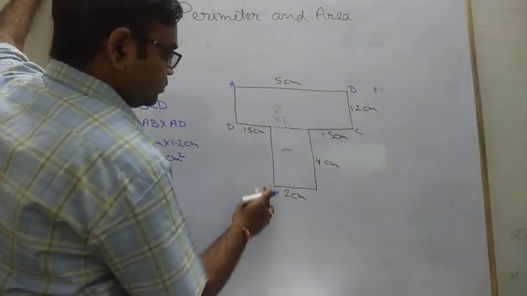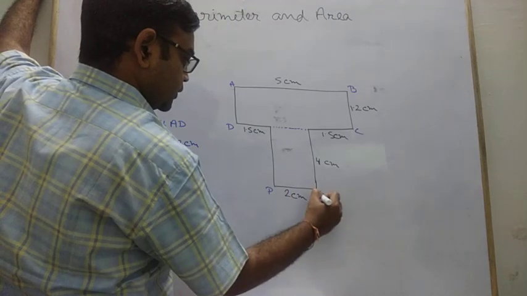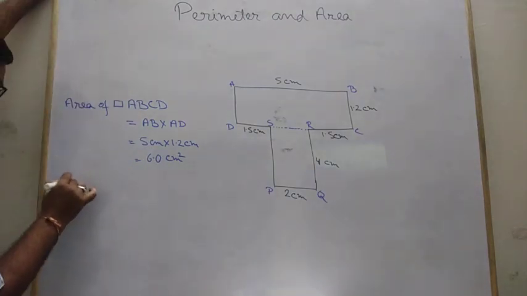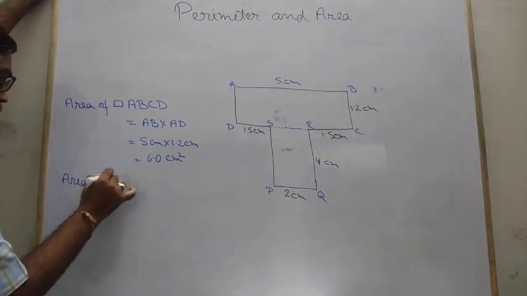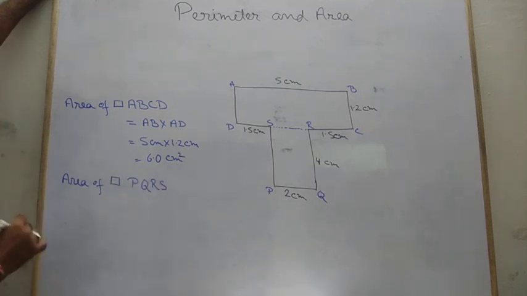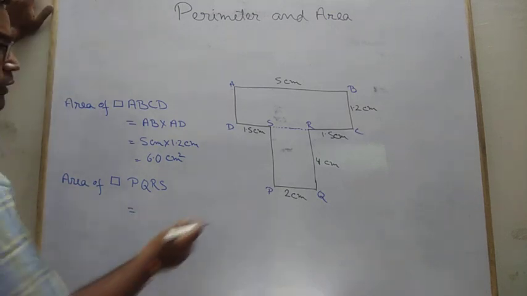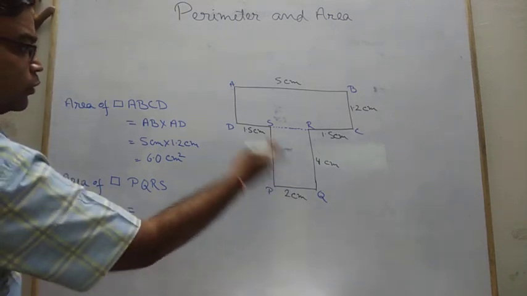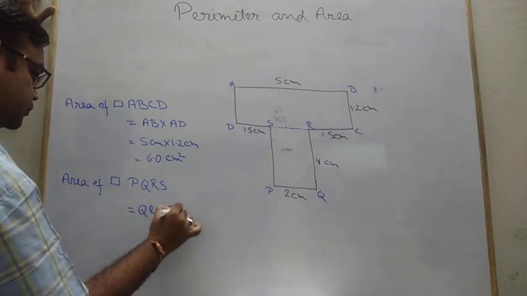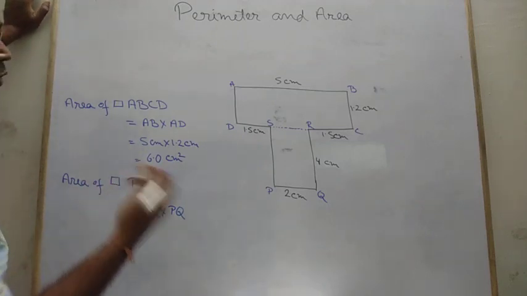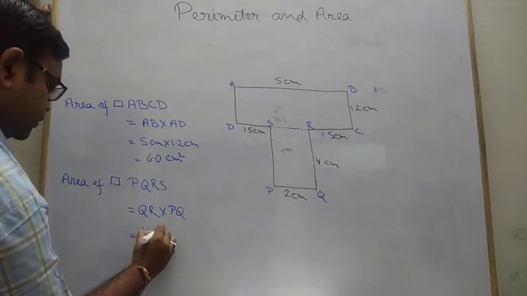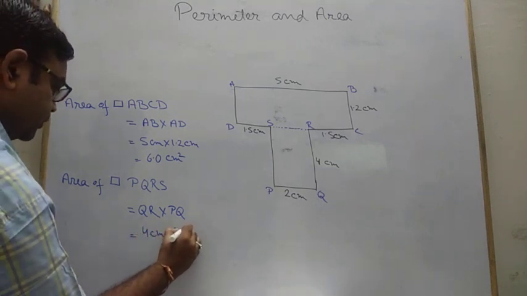Now give another name, this one, it's PQRS. So area of rectangle PQRS equals to, how do you find, suppose PQ is the breadth, QR is the length, so QR into PQ. You can write length into breadth or breadth into length. So QR is your 4 centimeter into PQ 2 centimeter.